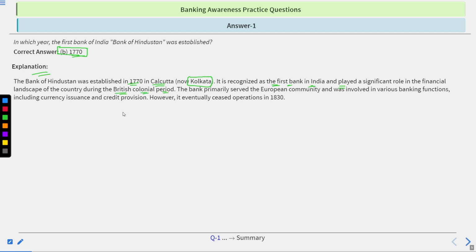The bank primarily served the European community and was involved in various banking functions, including currency issuance and credit provision. But it eventually ceased operation in 1830, which means the bank could not sustain its position.